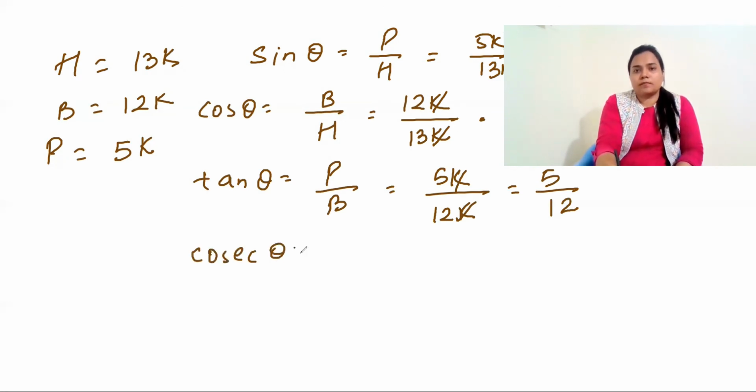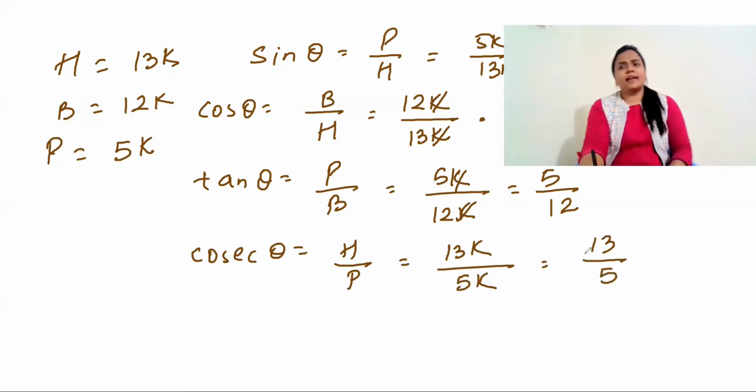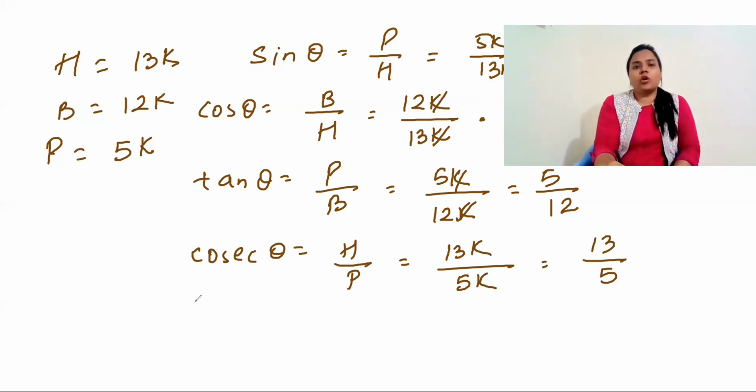Cosec theta is equal to H by P, which is 13k by 5k, and it is 13 by 5. I can write cosec theta as 1 upon sine theta also, because it is a reciprocal of sine theta. In whatever way you want, you can do it.